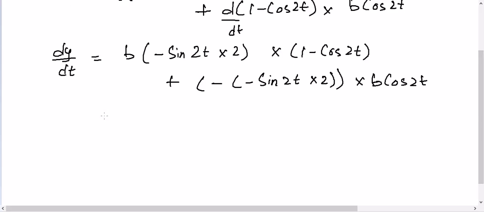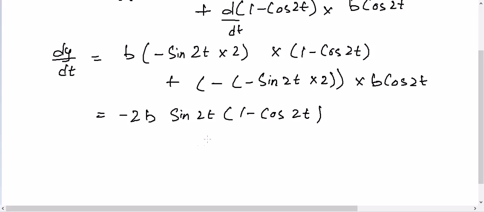So continuing, it is 2b sine 2t times (1 minus cos 2t), negative, so minus cos 2t, and here we have plus, sorry, we also have 2b, 2 into b, and it is sine 2t into cos 2t.